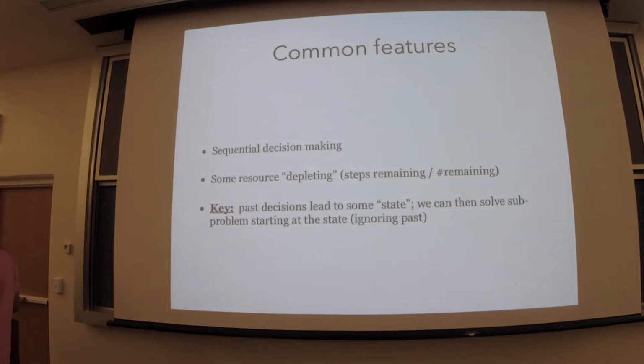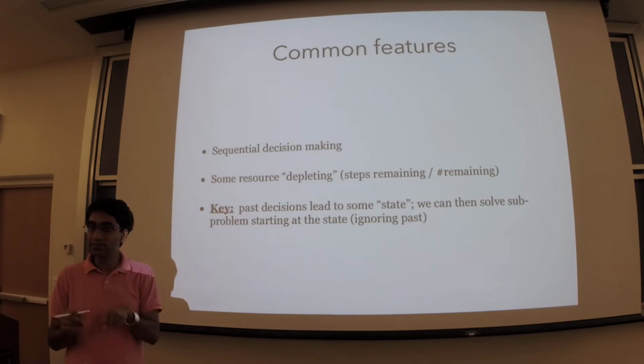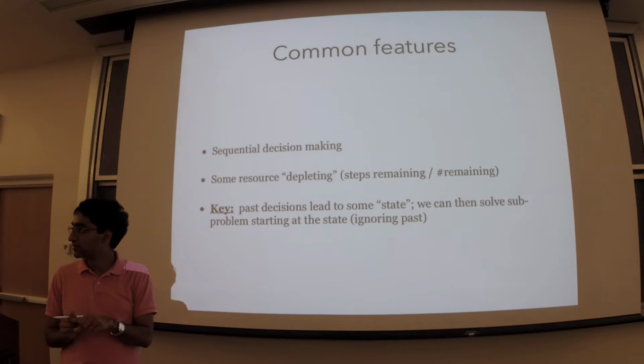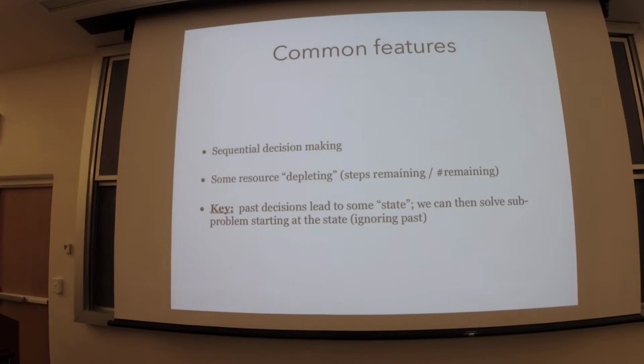Okay, so let's look at the common features between these two algorithms. In both of these cases, there's some sequential decision making going on. When you think of what problems dynamic programming applies to, typically it applies to this kind of sequential decision making problem. Why is the first problem a sequential decision making problem?